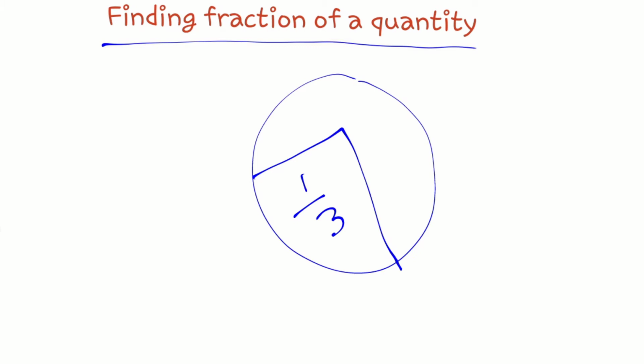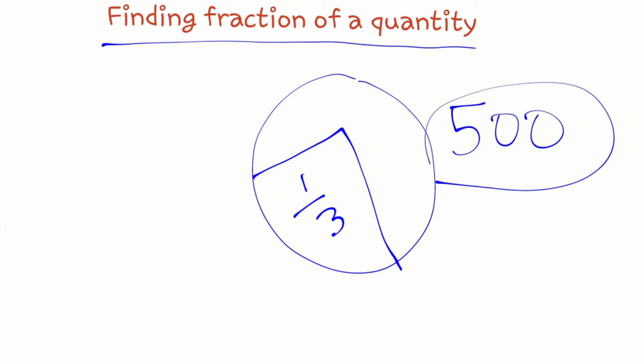Let's say this whole quantity is 500. The quantity can be money, it can be time, it can be number of students, it can be anything.